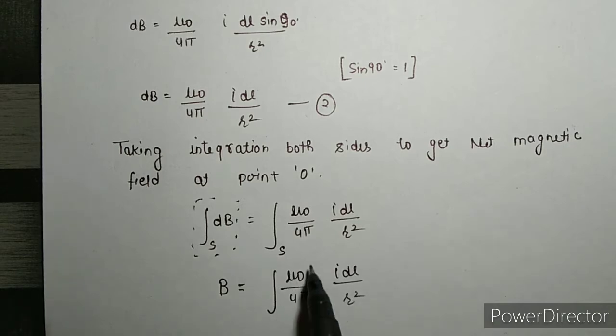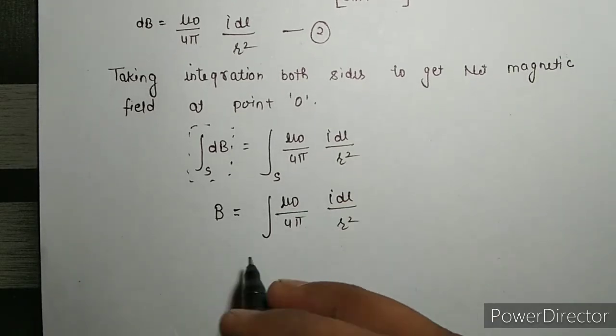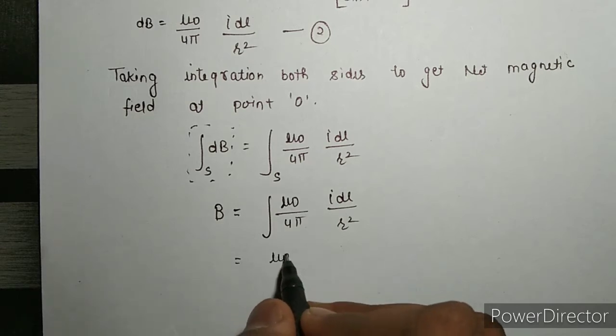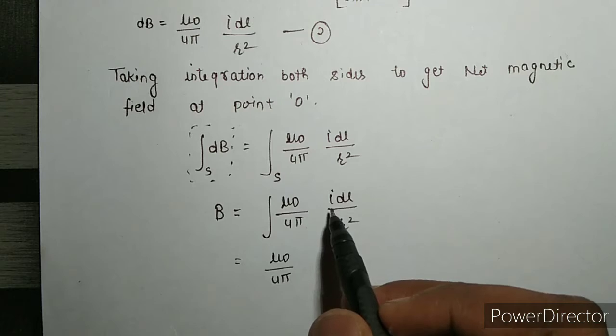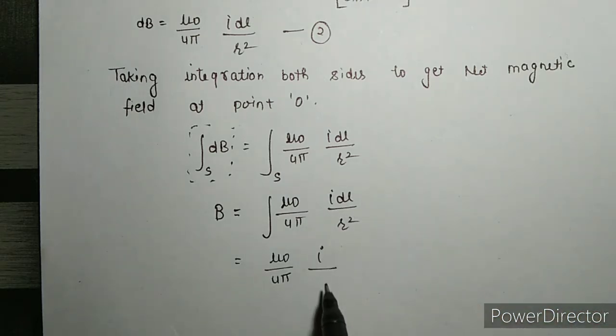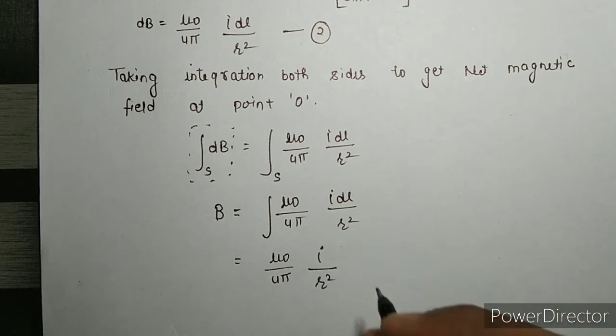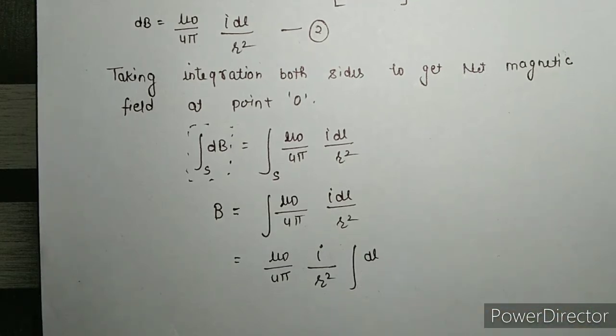Now mu naught upon 4 pi is a constant of proportionality which depends on the medium, and I am taking this medium as vacuum, so it will be constant, and we take mu naught upon 4 pi out of this integration. I is the current flowing in the loop, which is also constant, and the radius is also constant. That's why these quantities are taken out of this integration, and the integration will be dl.